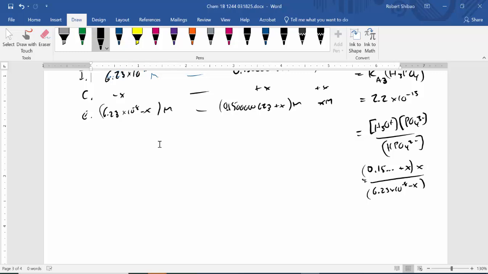And so I'm really worried about the denominator here because I want to use a simplifying assumption, but it looks like for the denominator it might be pushing it. And so what we might have to do is an advanced simplifying assumption. Do you know what advanced simplifying assumption is? Advanced simplifying assumption is we just do it for the numerator. 0.15 plus x is just 0.15, and leave the denominator as a binomial.